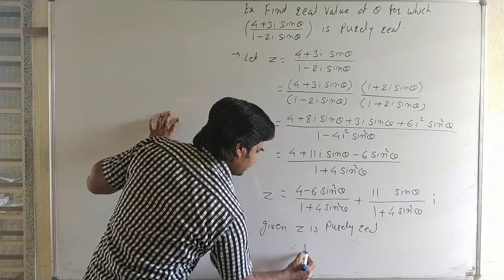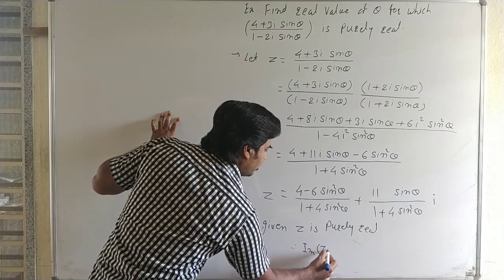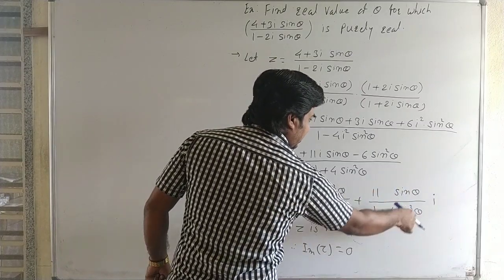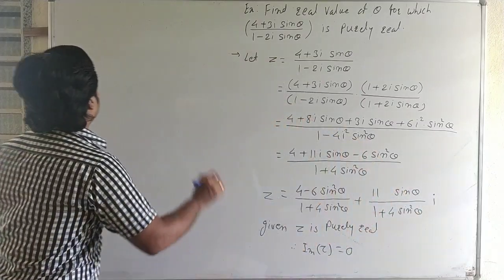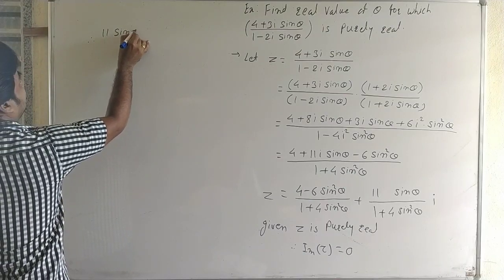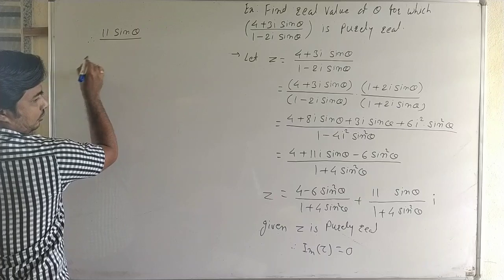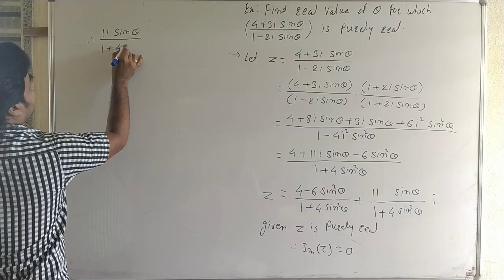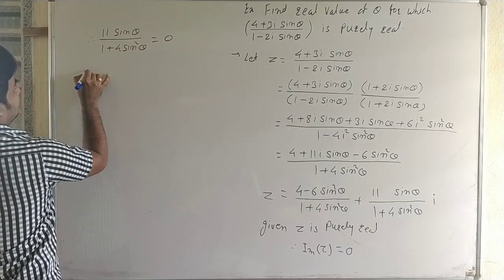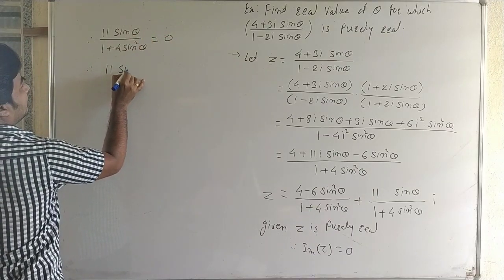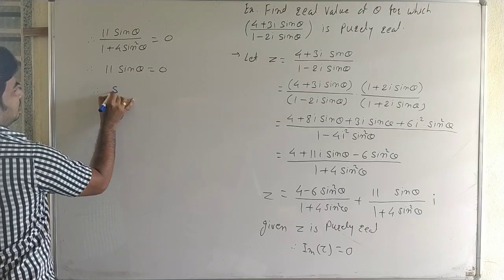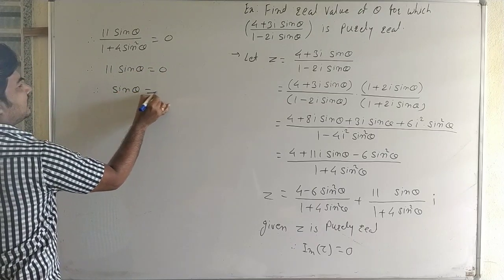Therefore the imaginary part of z is equal to 0, and this is the imaginary part. Therefore we can write 11 sin theta upon 1 plus 4 sin square theta is equal to 0. Therefore 11 sin theta is equal to 0, and therefore sin theta equal to 0.